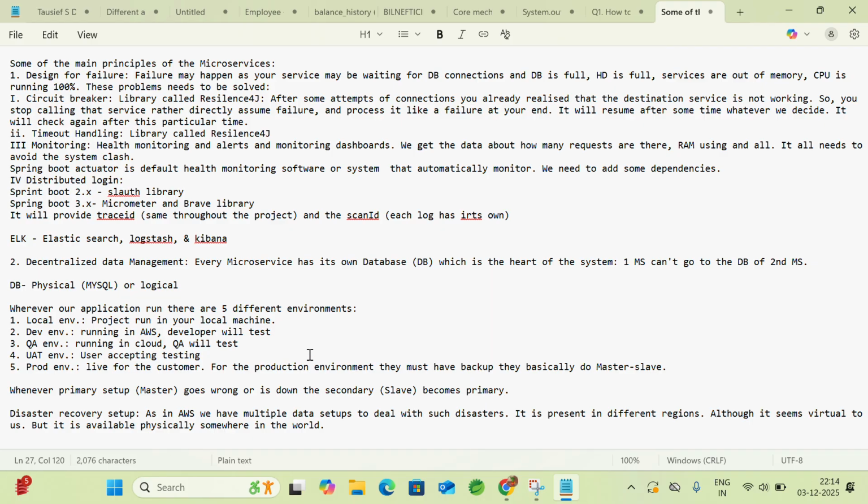So this is what we discussed today as two of the main principles of microservices. We'll discuss more principles in our next video.